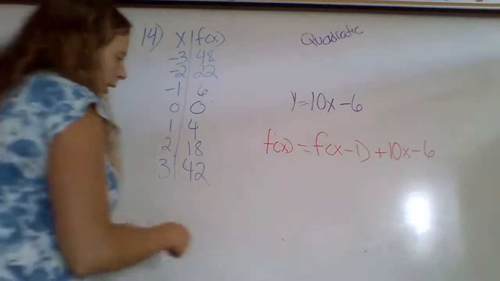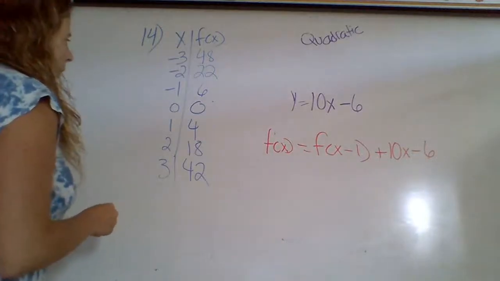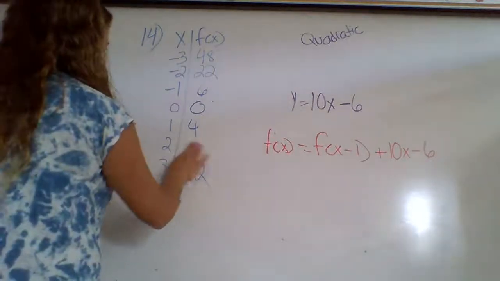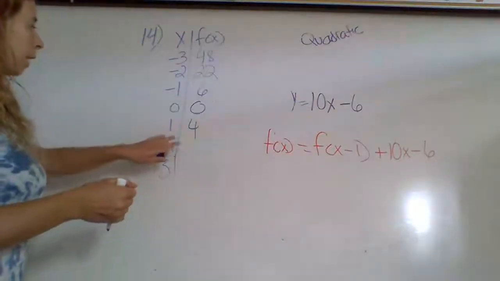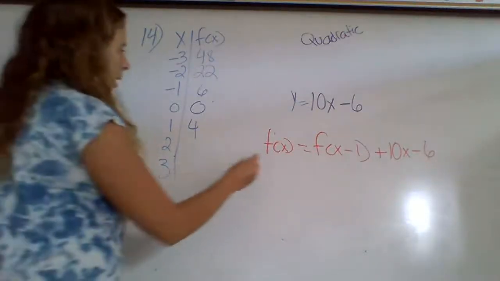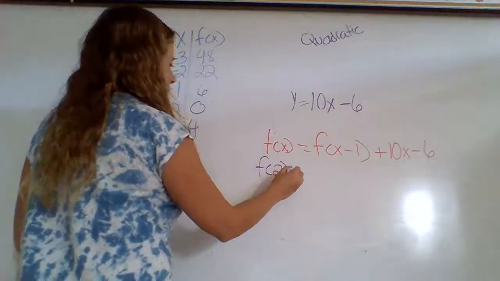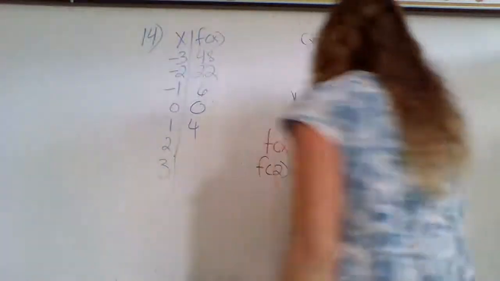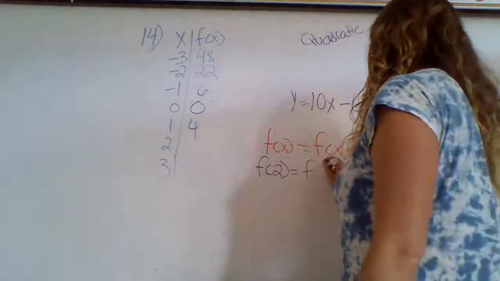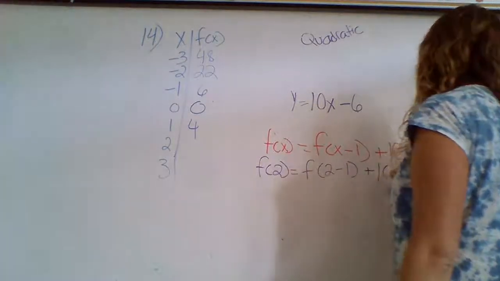So let's pretend we didn't know this one or this one. Okay, so I want to figure out what is f of x when x is 2. So I'm going to substitute 2 in here. F of 2 equals f of 2 minus 1 plus 10.